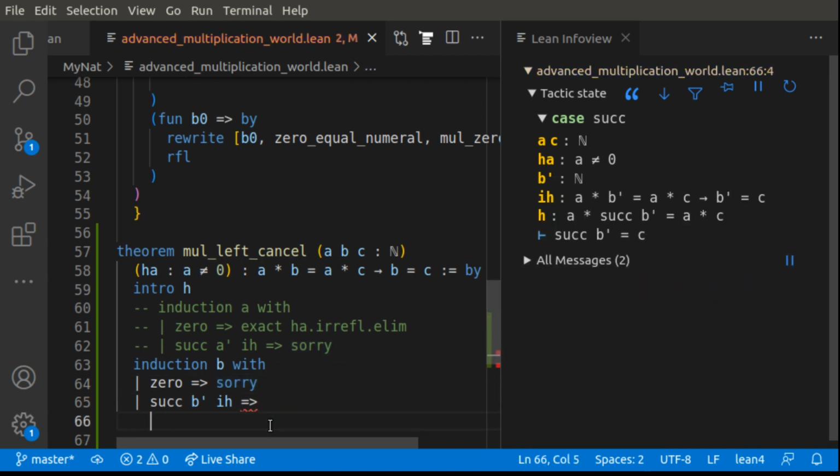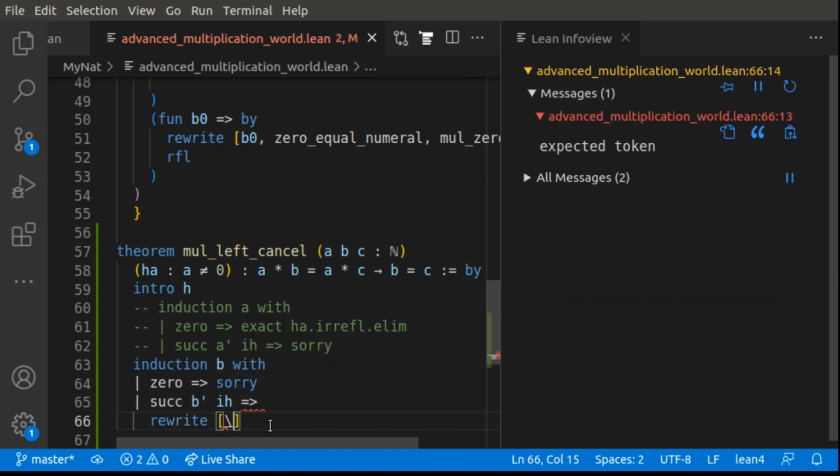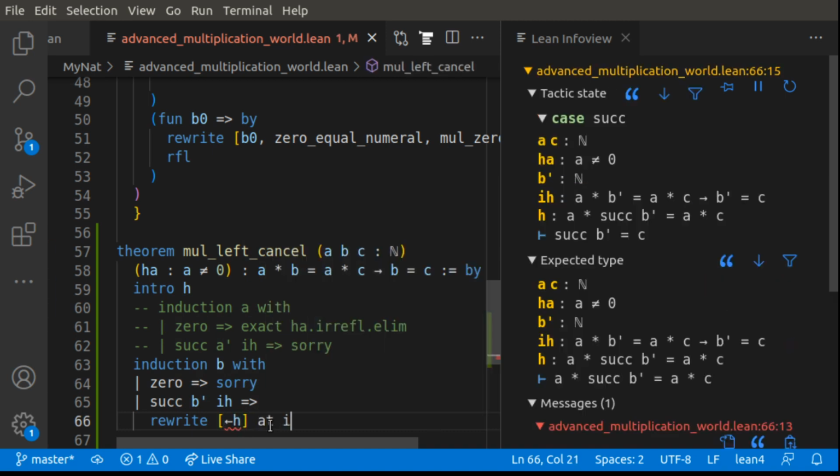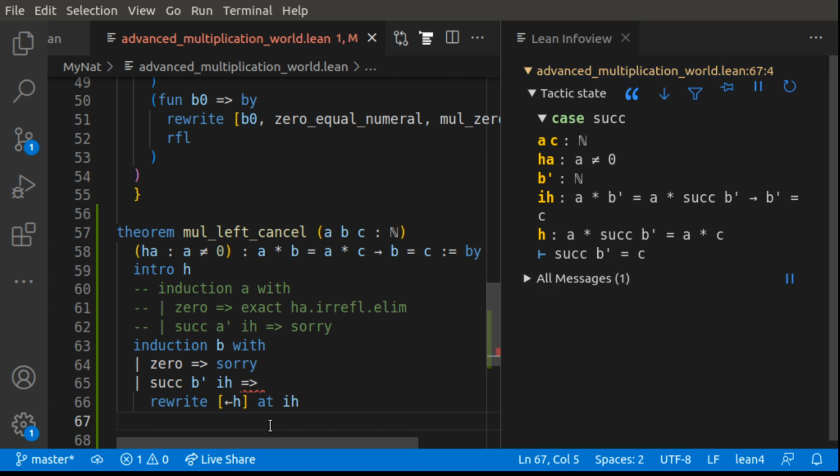Maybe I can rewrite backwards H at IH. Can I do that? Yeah, that looks promising.